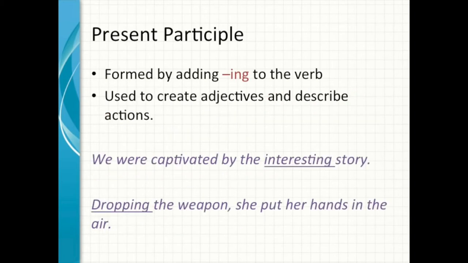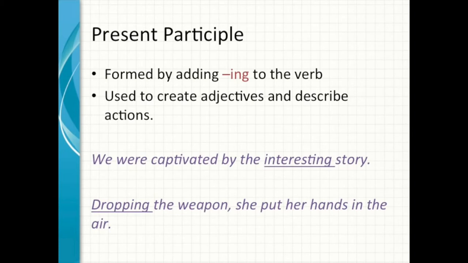The present participle of a verb can also be used in other ways. Remember, you form the present participle by adding ing to the verb. Present participles can also be used to create adjectives and describe actions. So in these sentences, find the present participle. We were captivated by the interesting story.